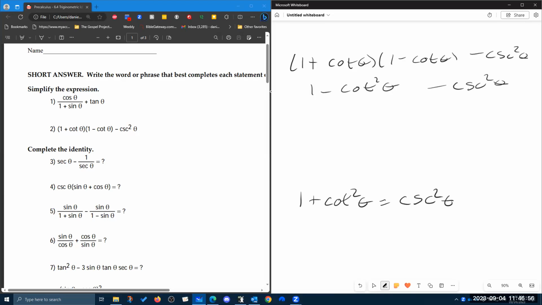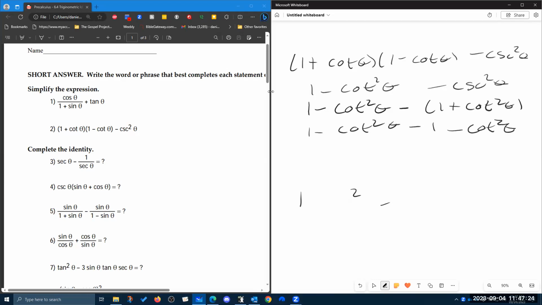So if I have a cosecant squared, I can make that into 1 plus cotangent squared, like so. 1 minus cotangent squared minus 1 minus cotangent squared is going to be 1 minus 1 is 0, and this is a negative 2 cotangent squared theta.